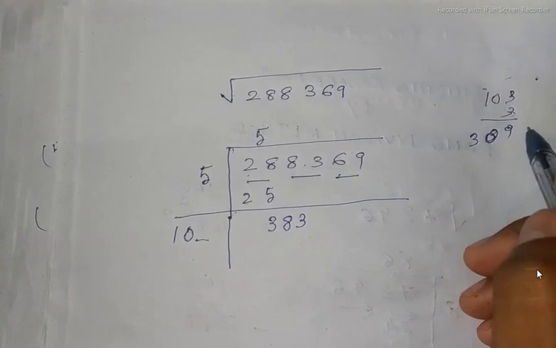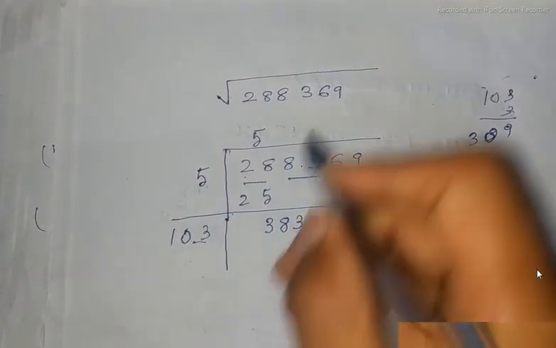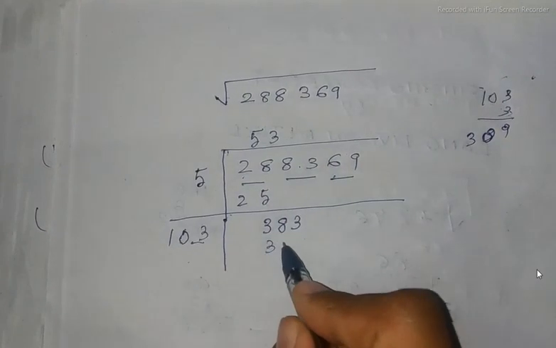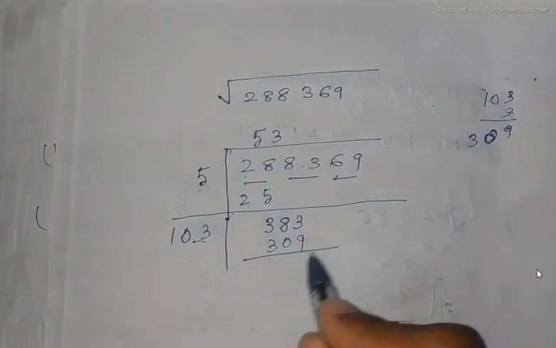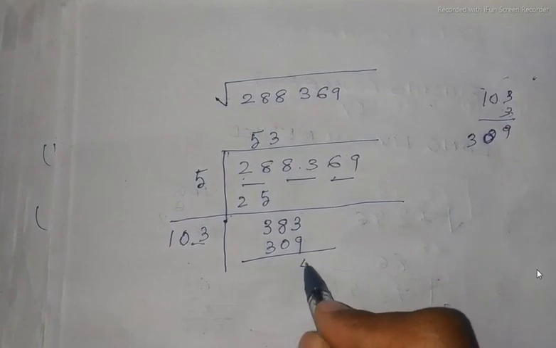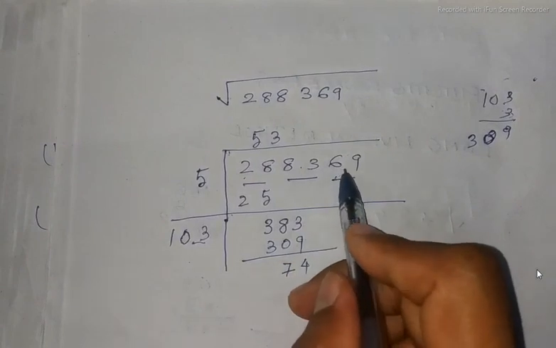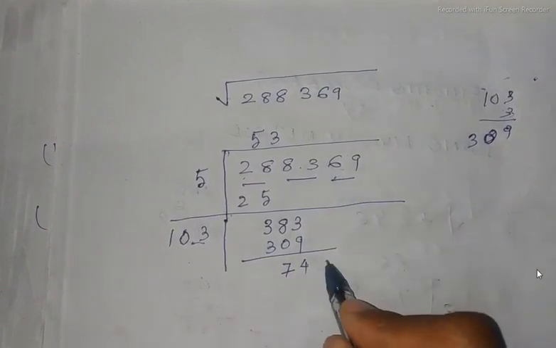I think it will go by 3. 103 into 3 is 309, remainder 474. So the next pair of digits, that is 69, will come down.